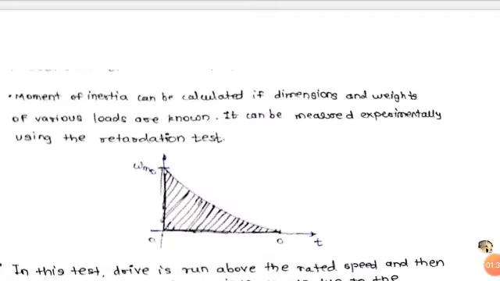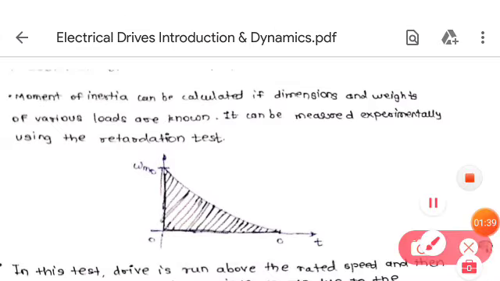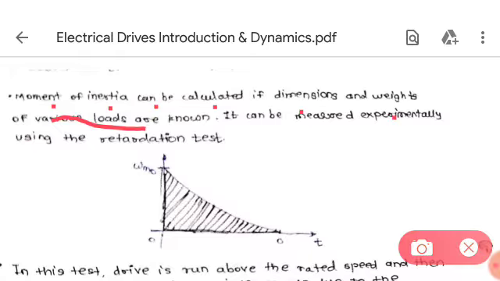Now traditionally, as written here, moment of inertia can be calculated if dimensions and weights of various parts of the drive and loads are known. So this is the traditional method wherein all parts, their dimensions, their areas, their weights you know. But practically the machine is made up of complex materials.